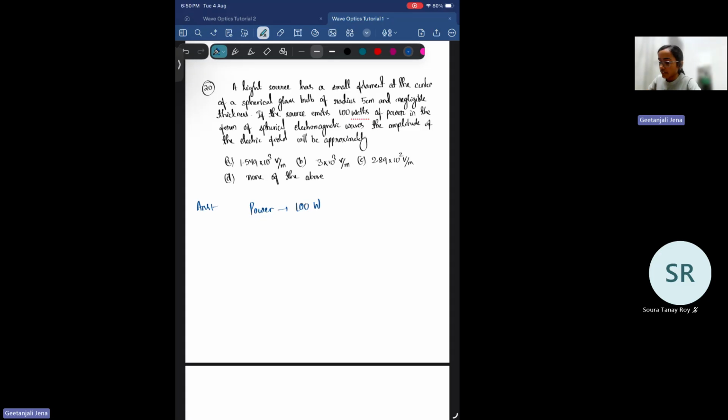The question is to find the amplitude of the electric field. Relate the intensity with the amplitude of the electric field, then you can get E0.